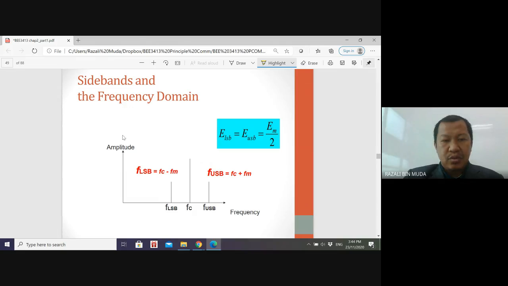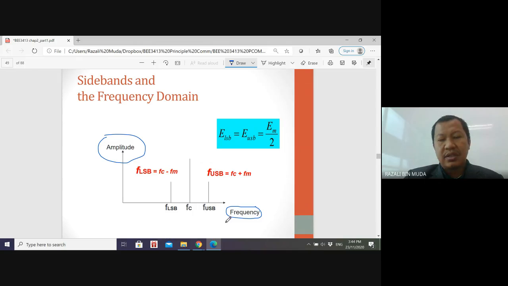Okay, so let's see this figure for the AM signal. This is the signal in the frequency domain, where the y-axis is still the amplitude, but the x-axis is now the frequency.